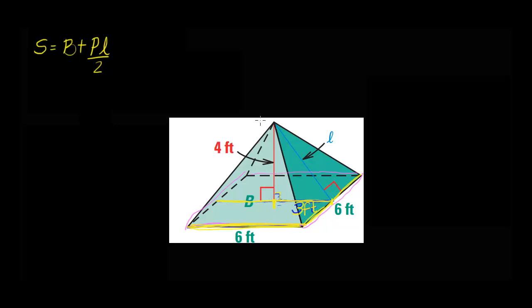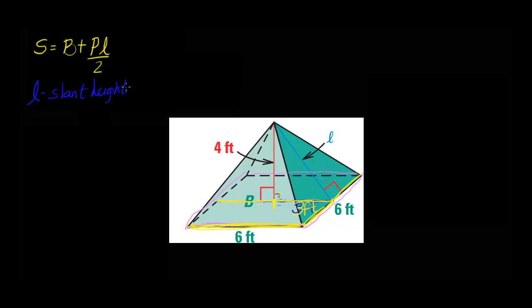That means that I have drawn a right triangle inside of this pyramid. Now, this right triangle helps me find the slant height because now I can use the Pythagorean theorem. So let's go ahead and do the slant height first. Let's look for L, slant height, using the Pythagorean theorem.